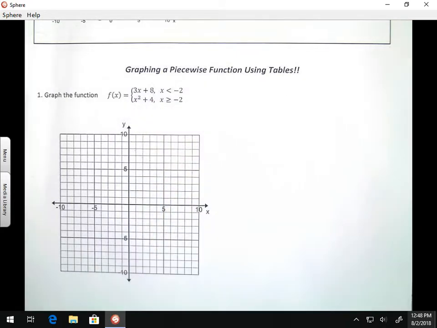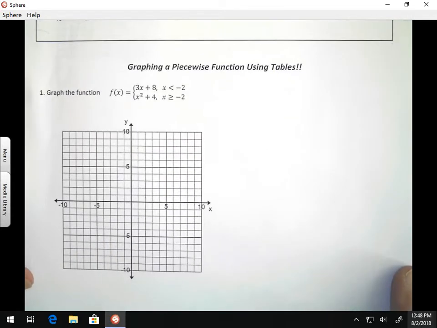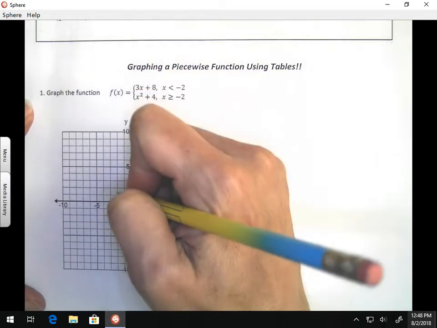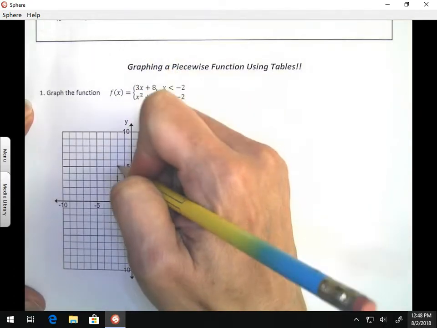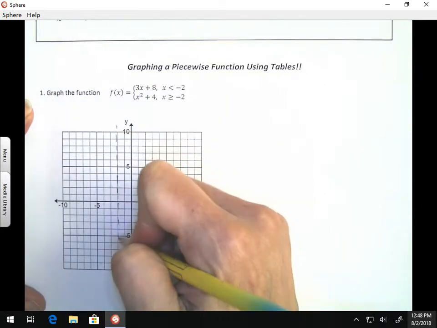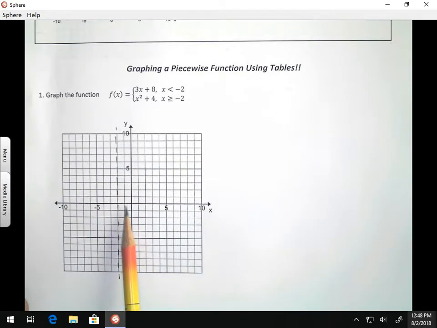Something that helps students is drawing a dotted line at x equals negative 2. That gives me a reference point. I know that at this dotted line, x equals negative 2, I should be switching the function that I'm using.